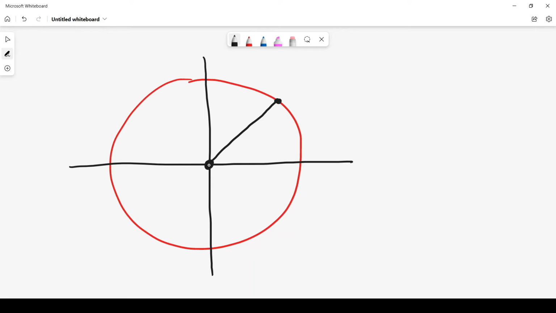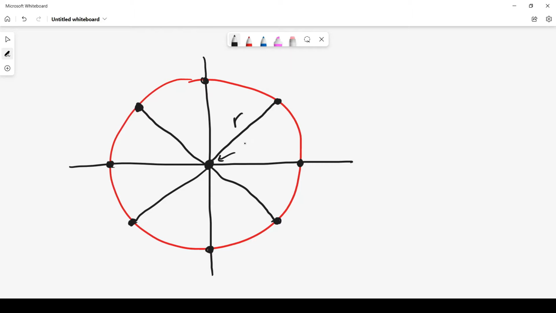That means all these points on the curve have the same distance from this center point, which we call the center of the circle, and this distance from the center to the edge of the circle we call the radius, r.